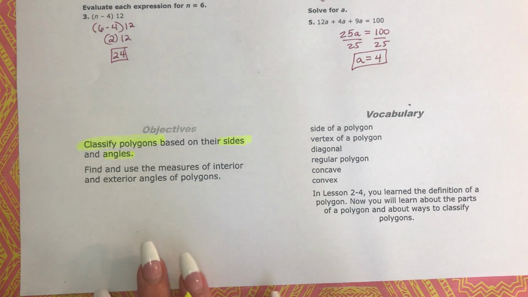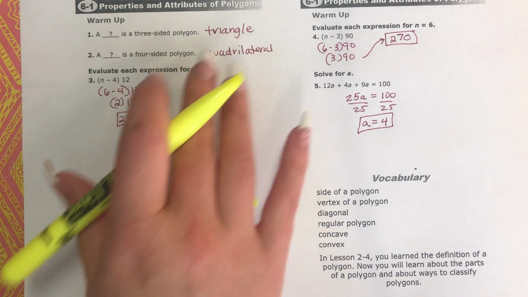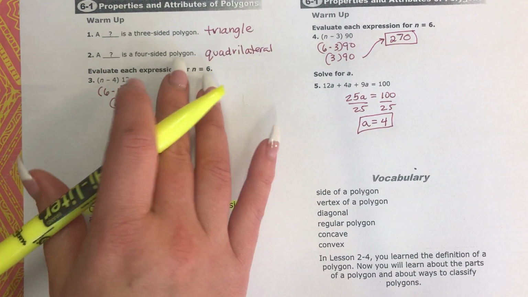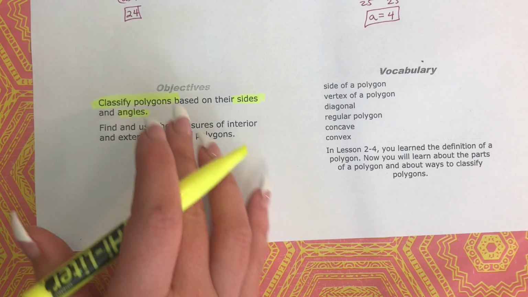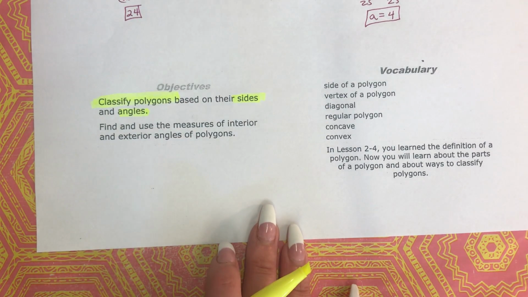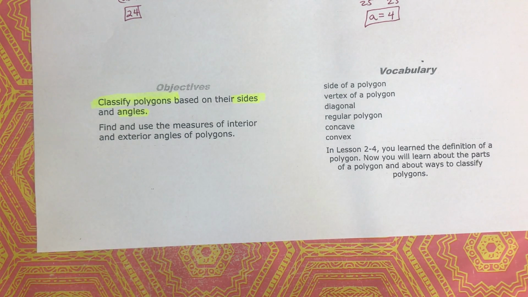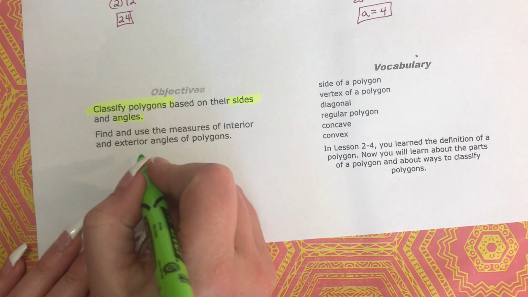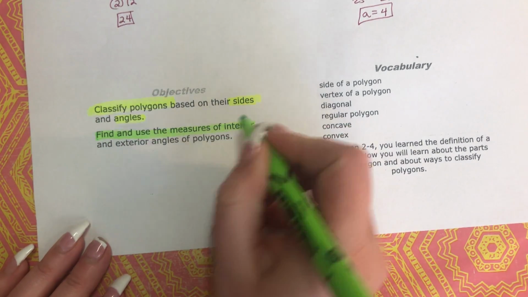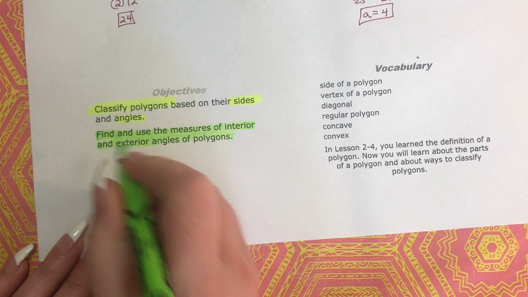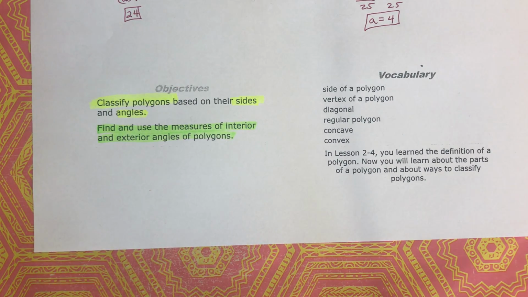So a 3-sided figure is a triangle, a 4-sided polygon is a quadrilateral. That's what it means by classifying, just kind of naming it. So we're going to be doing that according to sides and angles. And also we're going to find and use the measure of interior and exterior angles in polygons.